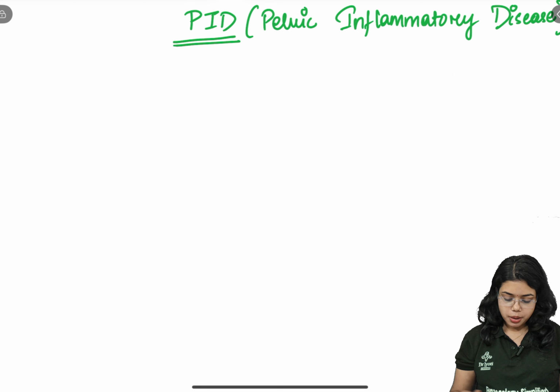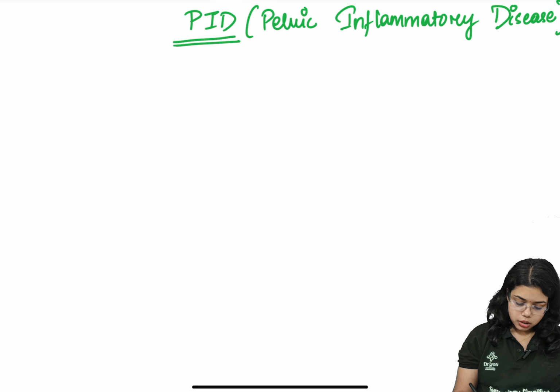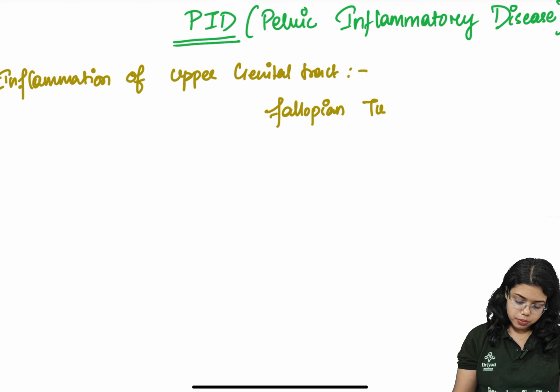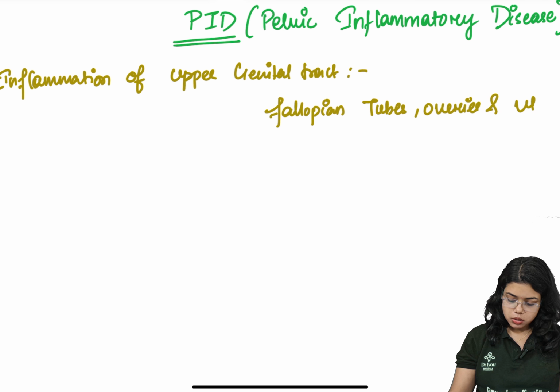What is PID? Coming to the definition, it is the infection or inflammation of the upper genital tract, that is fallopian tube, ovaries and uterus.